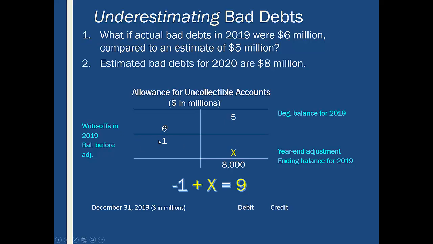So the next year, when it needs to be $8 million, I need to actually make a bad debt expense entry for $9 million to make up for the balance that was there before. So in this case, here's my bad debt for $9 million and my allowance account for $9 million. So it fluctuates, and it could go either way depending on how the actuals came in against the estimate.